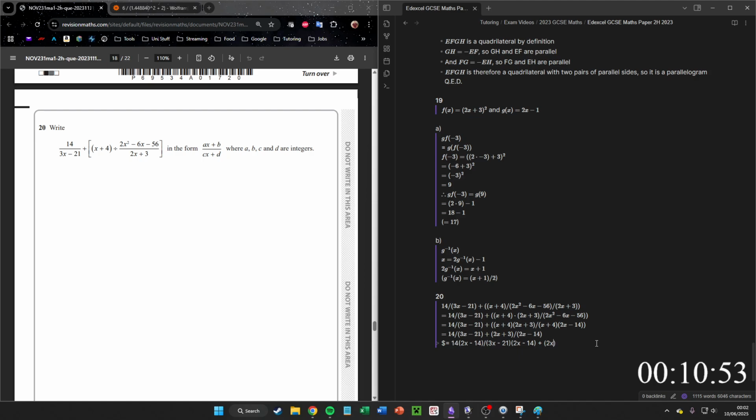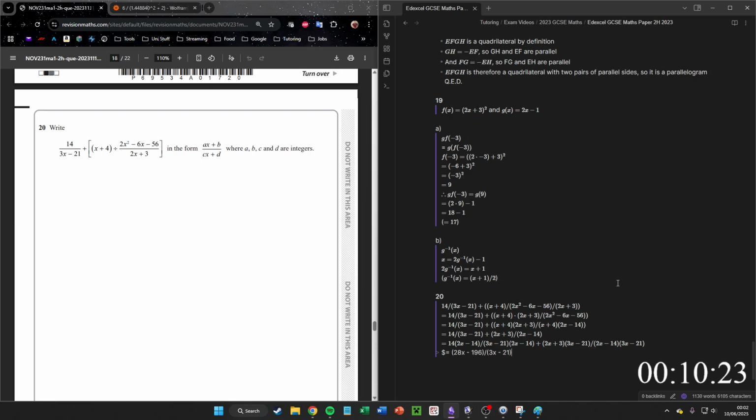I should make that very clear. 3x minus 21 divided by 2x minus 14. Gonna get lost in the weeds, I can tell already. And that is 14 times 14 is 196. That should be an x there.